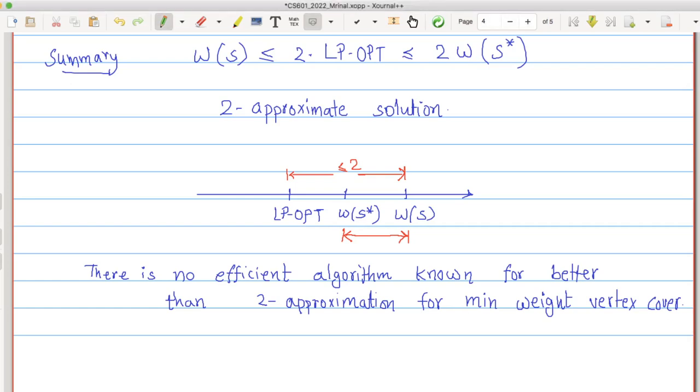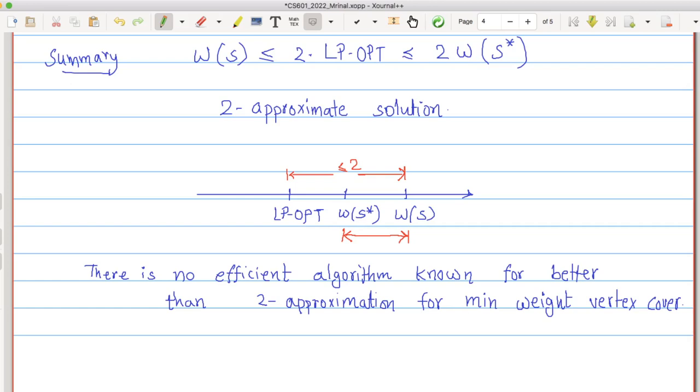You can use such techniques of using linear programming to design approximation algorithms for many combinatorial problems. But of course you will not always get 2 approximation. The approximation factor will be something dependent on the problem at hand, right?